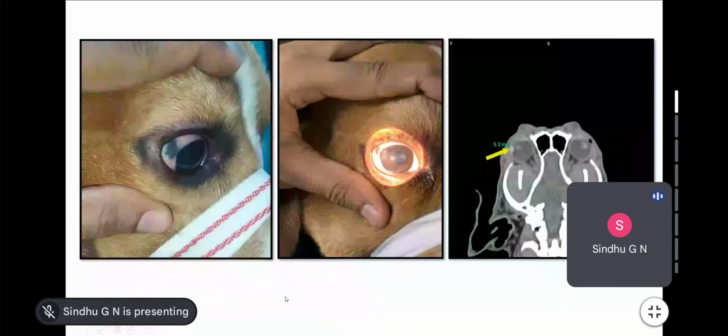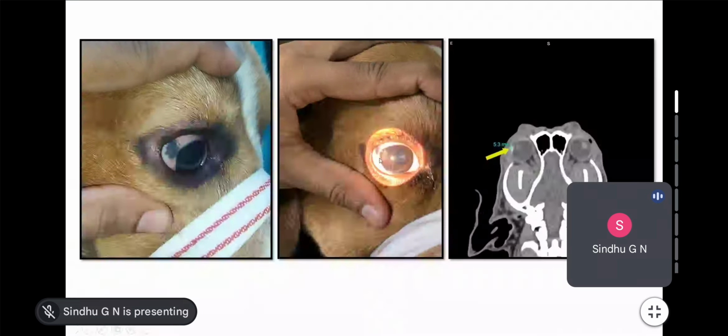Then this one is Harry Potter, a beagle. He came with a little discoloration on the sclera, but it gradually started spreading, and there was even a little focal edema in the cornea, like a tumor mass. We tried to do an ultrasonography, but we couldn't diagnose much.